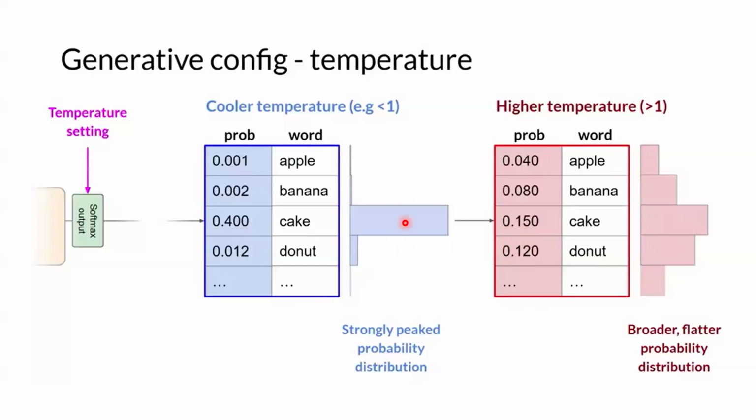When it is peaked, the token with the maximum probability will peak out, and there will be more difference between this one and the next one, for example this one, 0.012. So the difference will increase. Whereas in this case, the distribution will be more flattened and the probability scores will be more or less the same as each other.